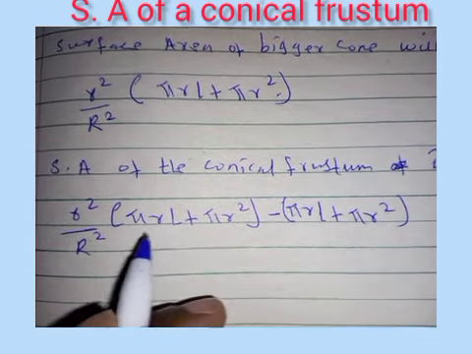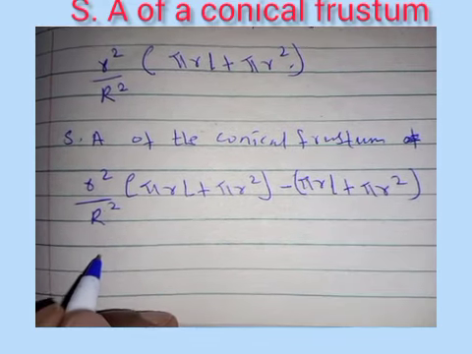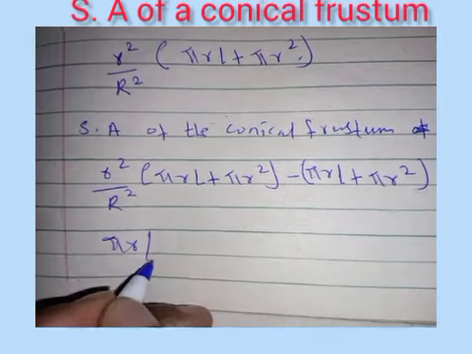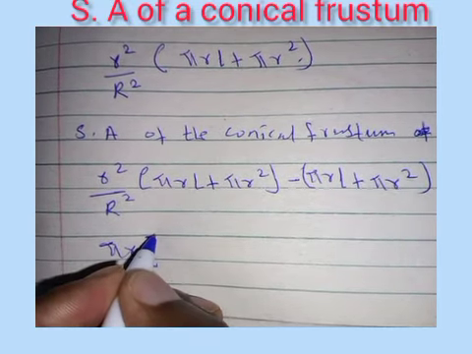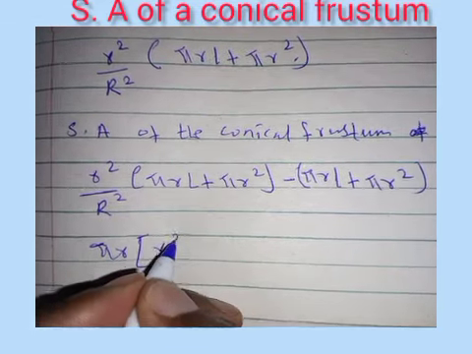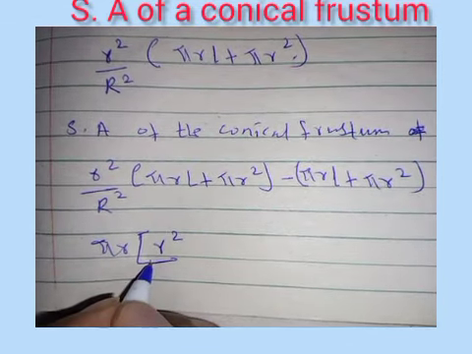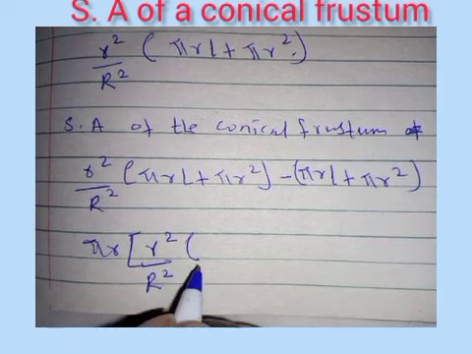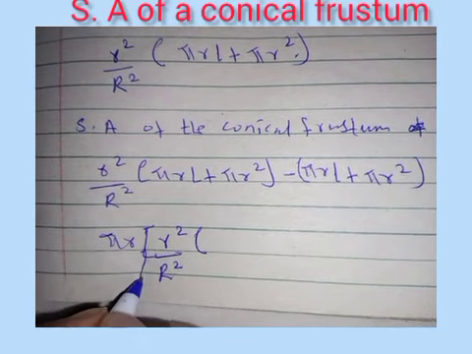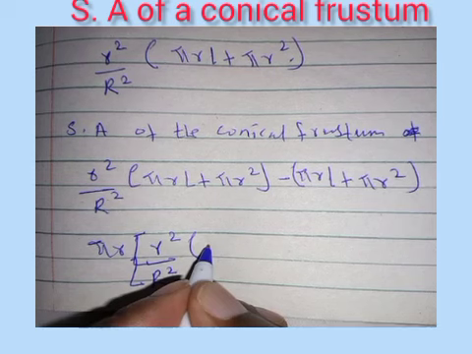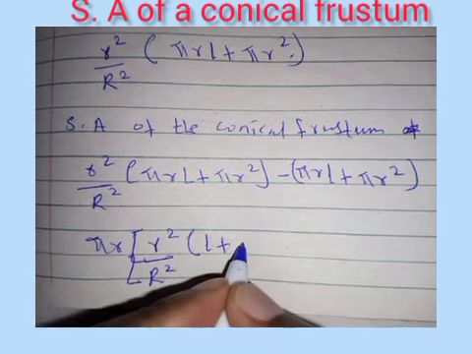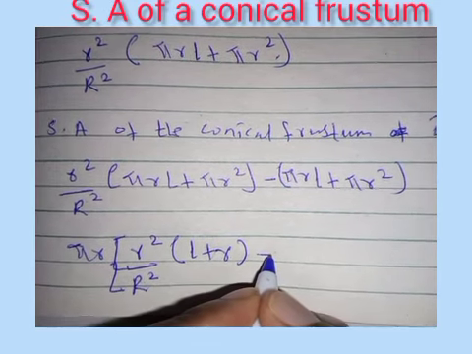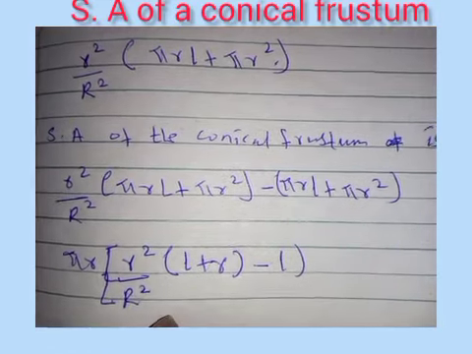You can see pi r is everywhere, so we can factor pi r out from all of this to be left with R squared over r, small bracket, this is bracket up to there, small bracket L plus r, close the bracket, minus l, we close the bracket.